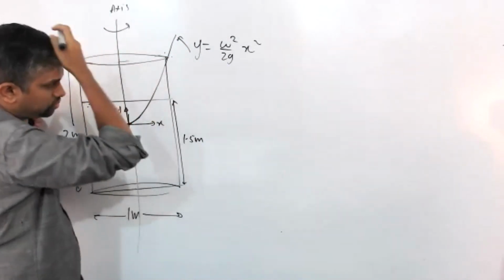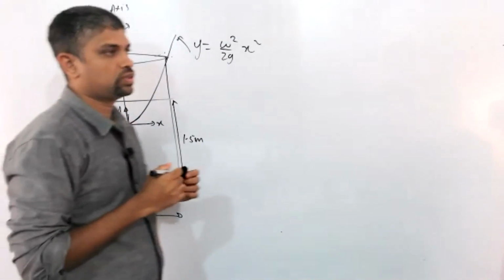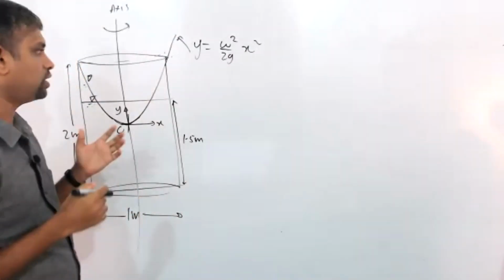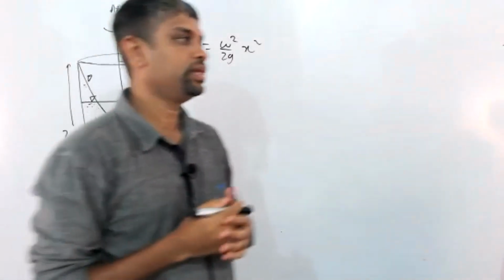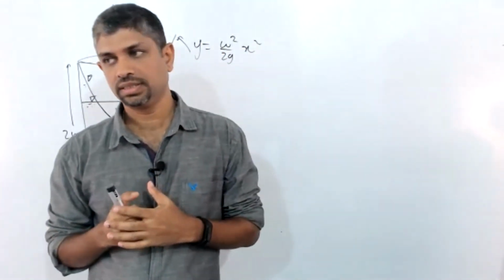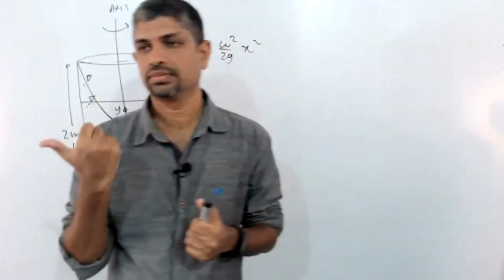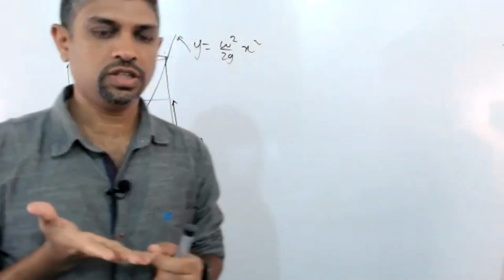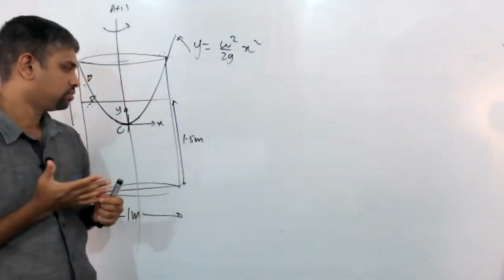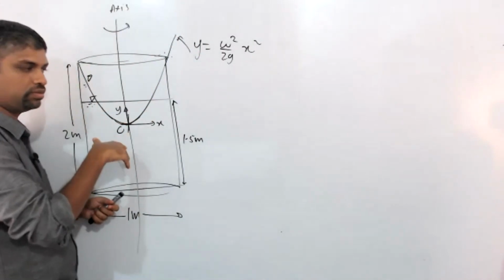This equation is given by omega squared over 2g. So the thing is that, in order to find omega, you have to equate the original liquid volume with the new liquid volume.